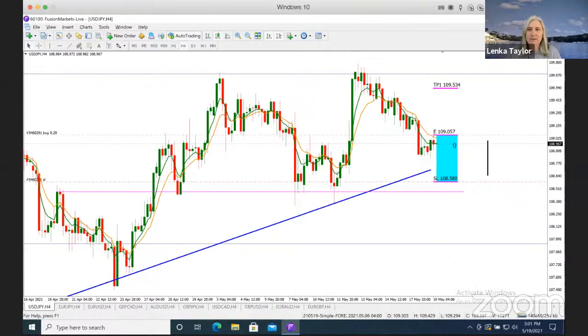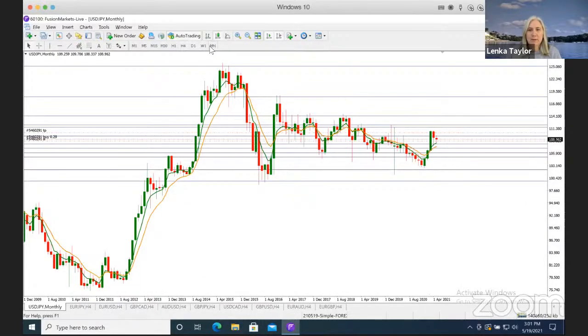The first currency pair I'm going to have a look at is USDJPY. So I just placed the trade on the previous bar for a long. Looking at the monthly, still looking for a further price action to about here or potentially to there.